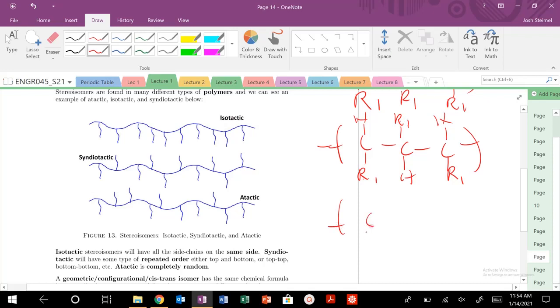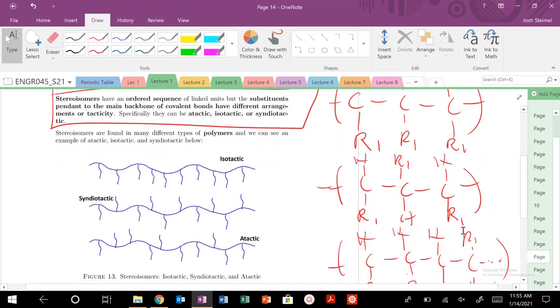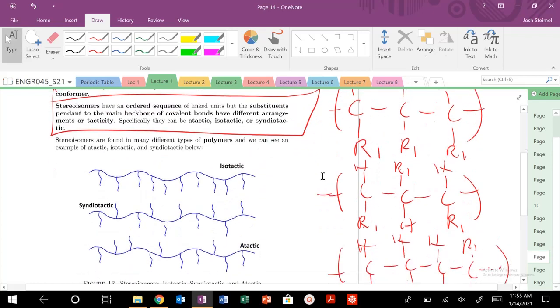Or you could have some random one like this, R1, H, C, R1, H, C, R1, H, and so on. There could be chaos and randomness. These types of isomers are compositionally identical, but structurally distinct.